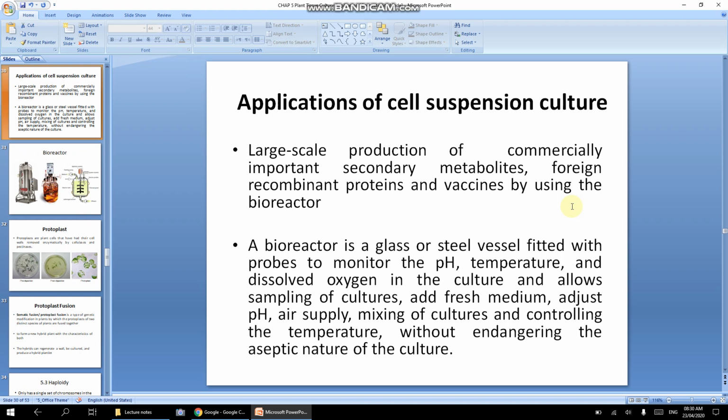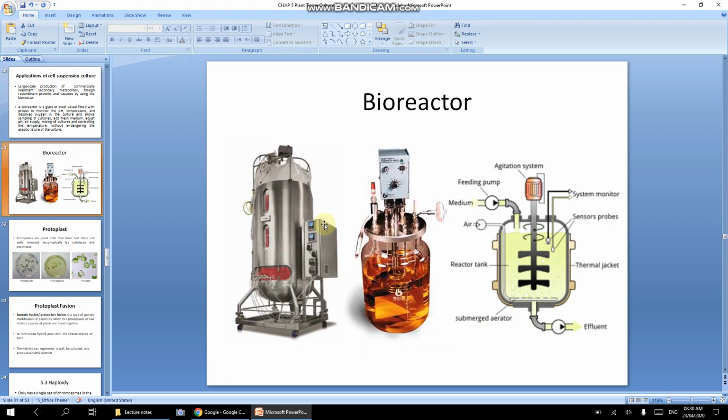A bioreactor is a glass or steel vessel. So this is how a bioreactor looks. You can put the suspension culture in here, and the pH is maintained, the oxygen is also supplied, and everything is controlled and sterile, so that the product or the secondary metabolite is produced at an optimum amount.